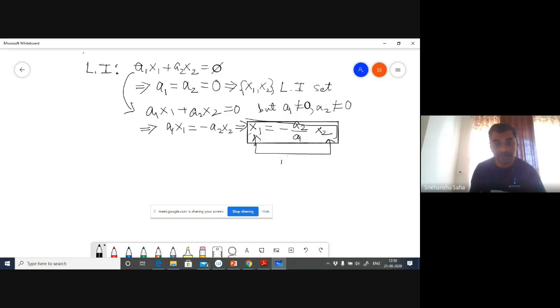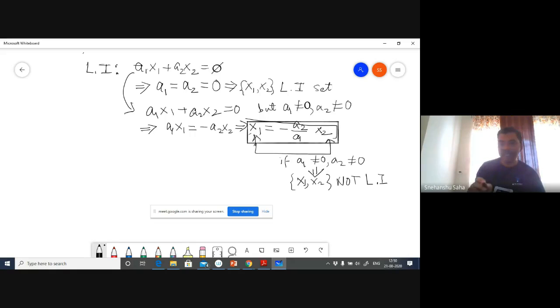If a1 is not equal to 0 and a2 is not equal to 0, that would imply that x1 and x2 are not linearly independent, because you can cook up one vector from the other vector, right?